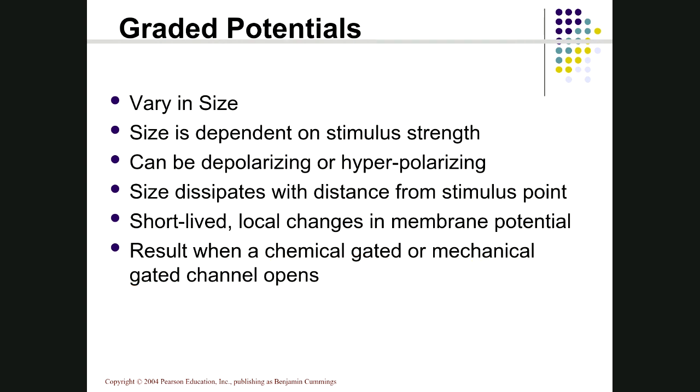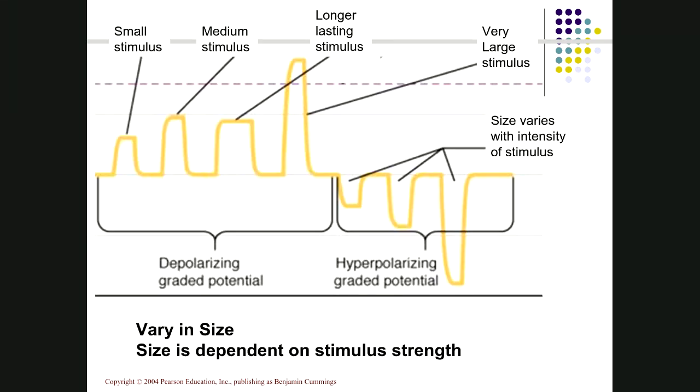So those are characteristics of graded potentials. Look at this. These are all graded potentials. They vary in size. And I bet if you look at this, you can figure out the size of the stimulus. Look, that's how much change there was. It was a little stimulus. But look, that's how much change there was.